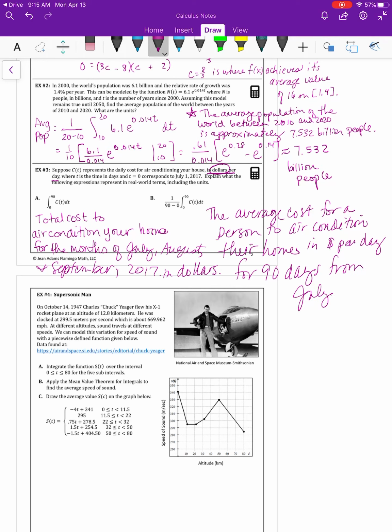And then they want us to integrate from 11.5 to 22, right? Because to integrate this function s of t, you have to integrate it in pieces because it's a piecewise function.